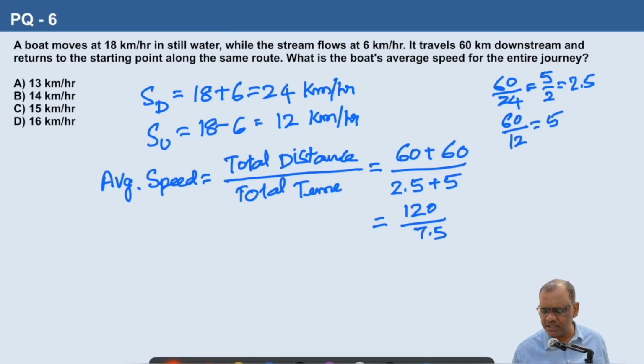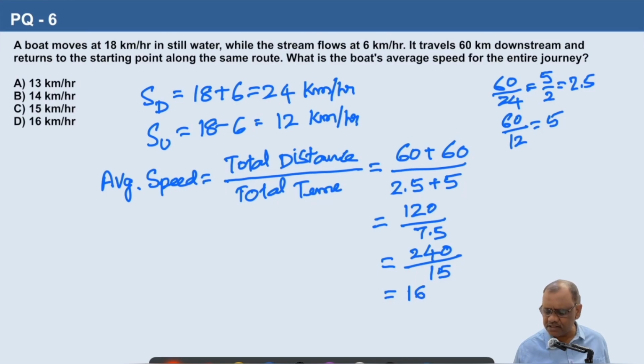So there is a decimal in the denominator. To remove the decimal, multiply both numerator and denominator by 2. 120 multiplied by 2 gives us 240, and 7.5 multiplied by 2 gives us 15. 240 divided by 15: if you simplify that, 15 ones are 15, 9 remains, it becomes 90. 15 sixes are 90.